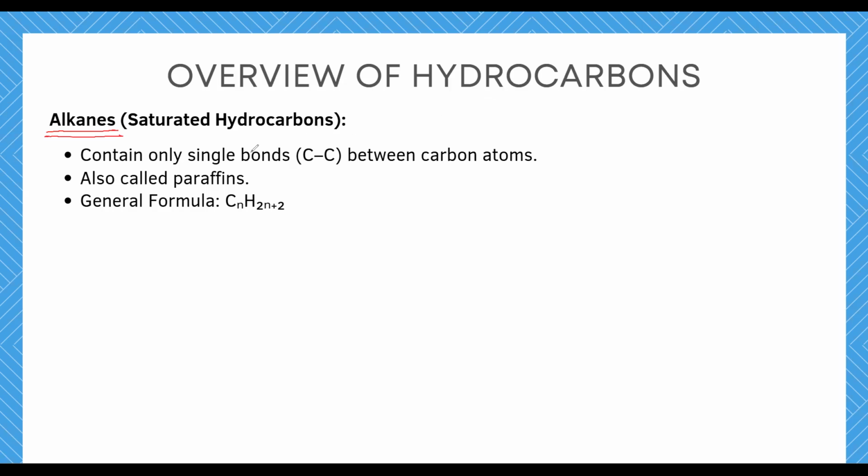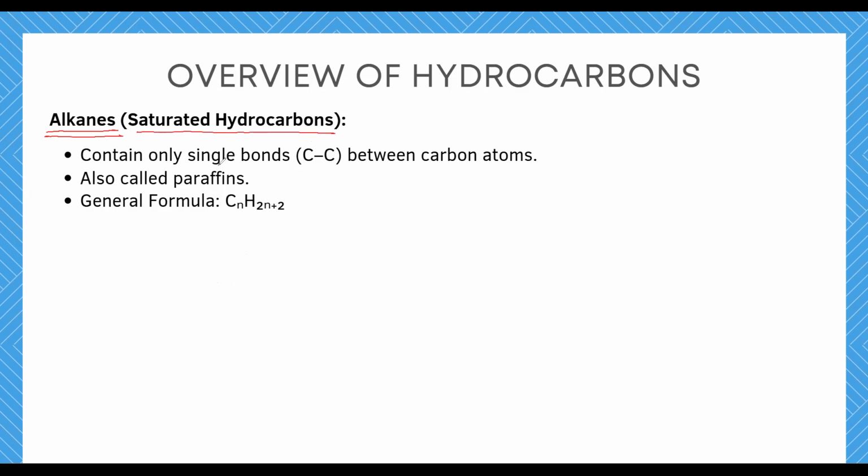No. Okay, good. So the first class of hydrocarbons that we have, based on the bonds that are occurring between the carbon atoms present, is called the alkanes. Now, what is an alkane? An alkane is a type of hydrocarbon that is saturated.